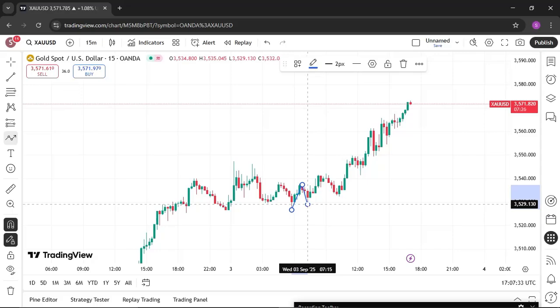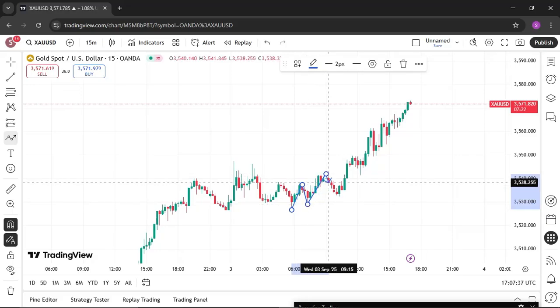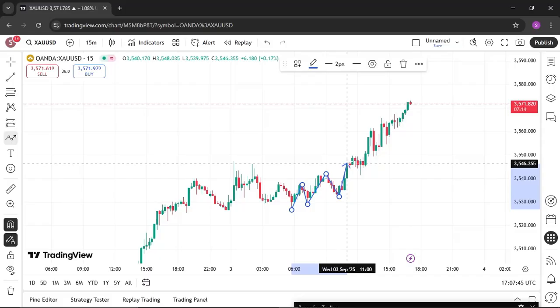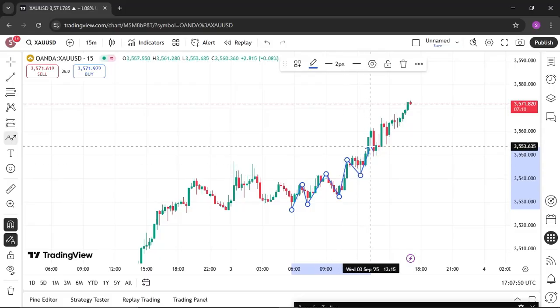Let's try and draw this uptrend that is moving here, from the extreme edge of the candle, that's the tail of the candle, to another tail of the candle. This point, this point. You just take your time to draw it and you do it carefully.